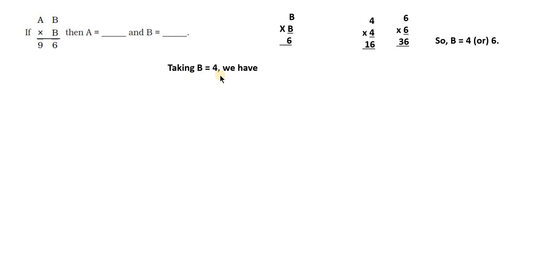So if we take B equals 4, then see this original problem AB multiplied by B equal to 96 takes the form A as it is, and the B we have taken the value as 4. So B is replaced with 4. A4 means A4 is a 2-digit number whose unit digit is 4 and whose tens digit is A. Because we have not yet found the value of A, we have just substituted the value of B as 4 in this problem.